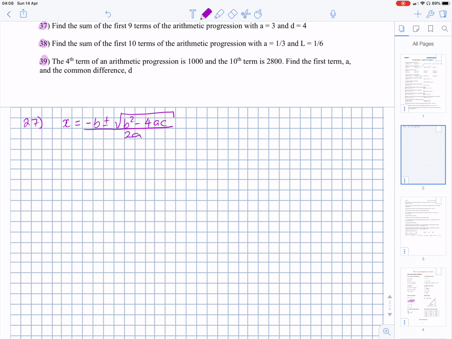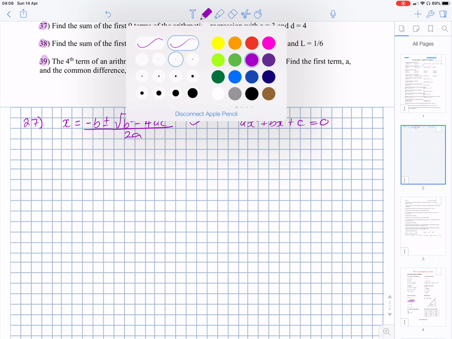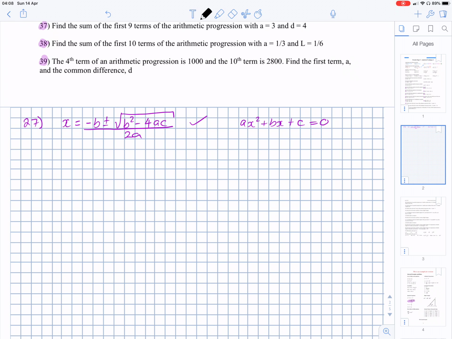2a. So the first thing to note is that this equation is taken from this ax squared plus bx plus c. This is the general formula for the quadratic equation.